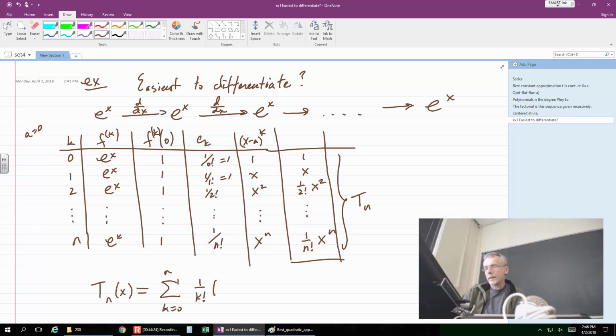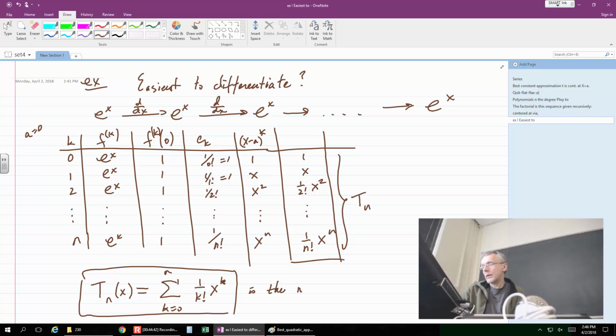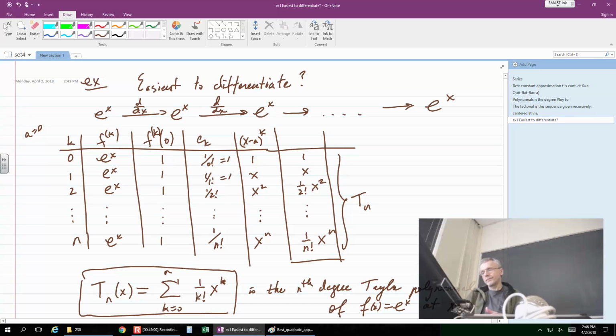It will be 1 over k factorial, x minus a, well, it's simply x, to the kth power. So once again, this is the nth degree Taylor polynomial of f of x equal to e to the x at x equals 0. Okay, so very predictable writing.